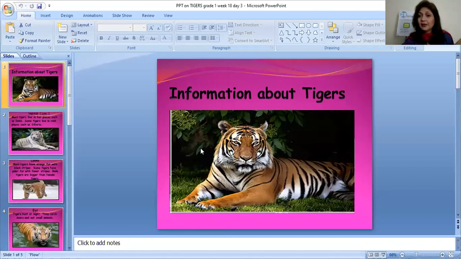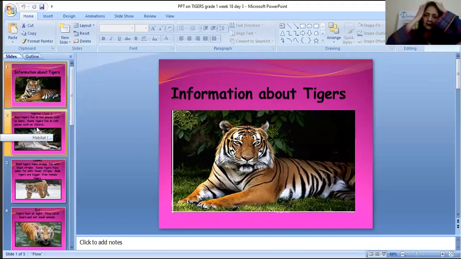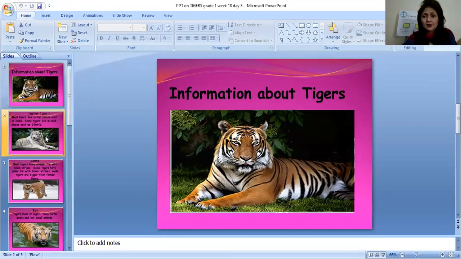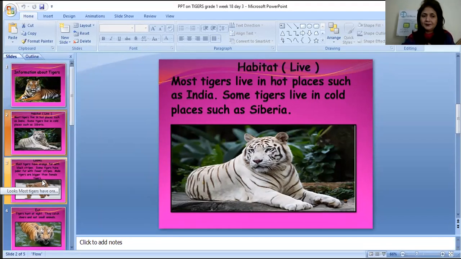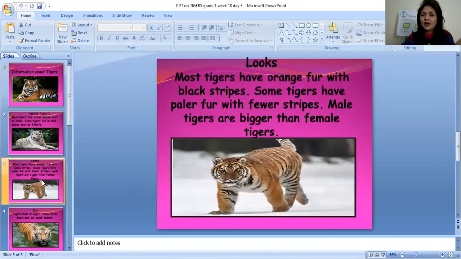Okay. Information about tigers, right? Now let's see. Information about tigers. Habitat, that means where do they live? Most tigers live in hot places such as India. Some tigers live in cold places such as Siberia. Okay. Now comes looks.